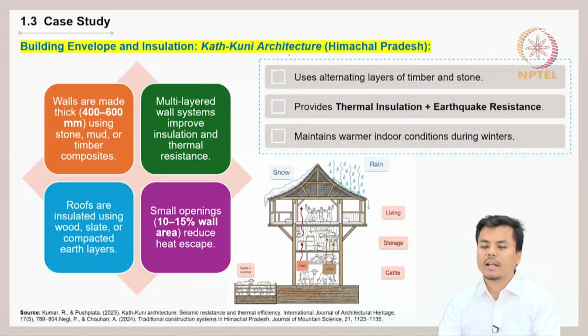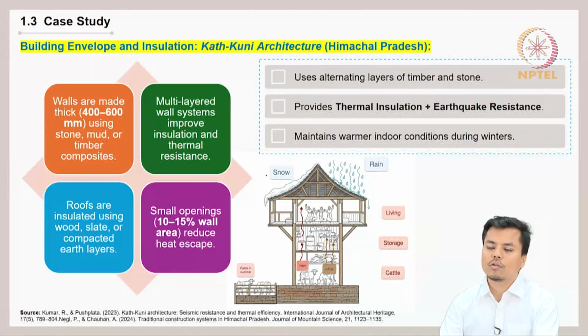This vernacular architecture is very common in Himachal Pradesh. The typical characteristic, the section of the building, is somewhat like this. The walls are made with 400 to 600 mm thick material.